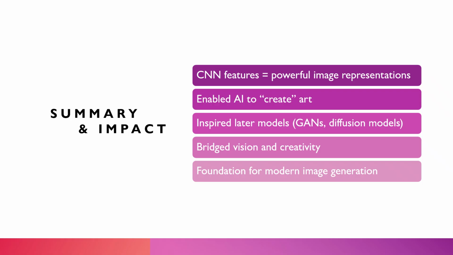This work directly inspired neural style transfer apps, GAN-based generators, and modern diffusion models. Overall, it is one of the most influential papers in visual deep learning, and it changed how we think about digital creativity, and it also changed how we think about AI.